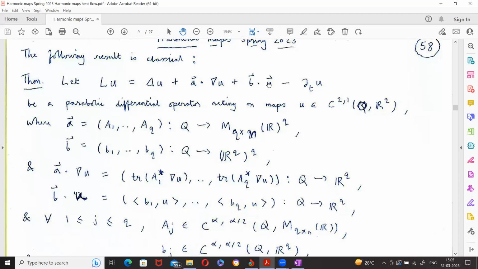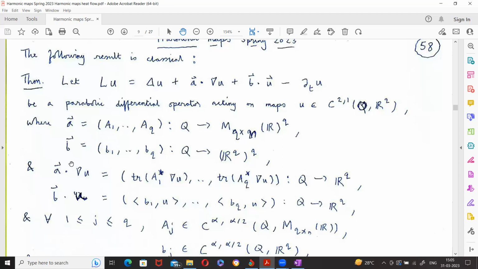So how is this defined? This A dot grad u means the following. A is given by a Q tuple of matrices, A1 up to AQ. See, u is a vector valued function. So grad u is actually a matrix, or a linear map.